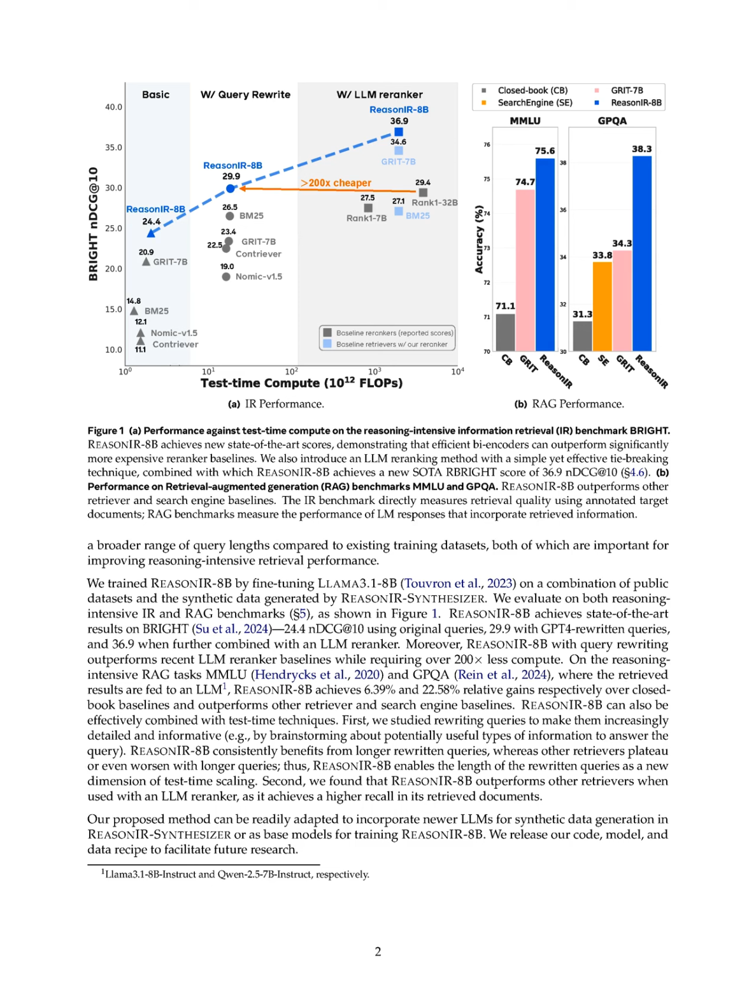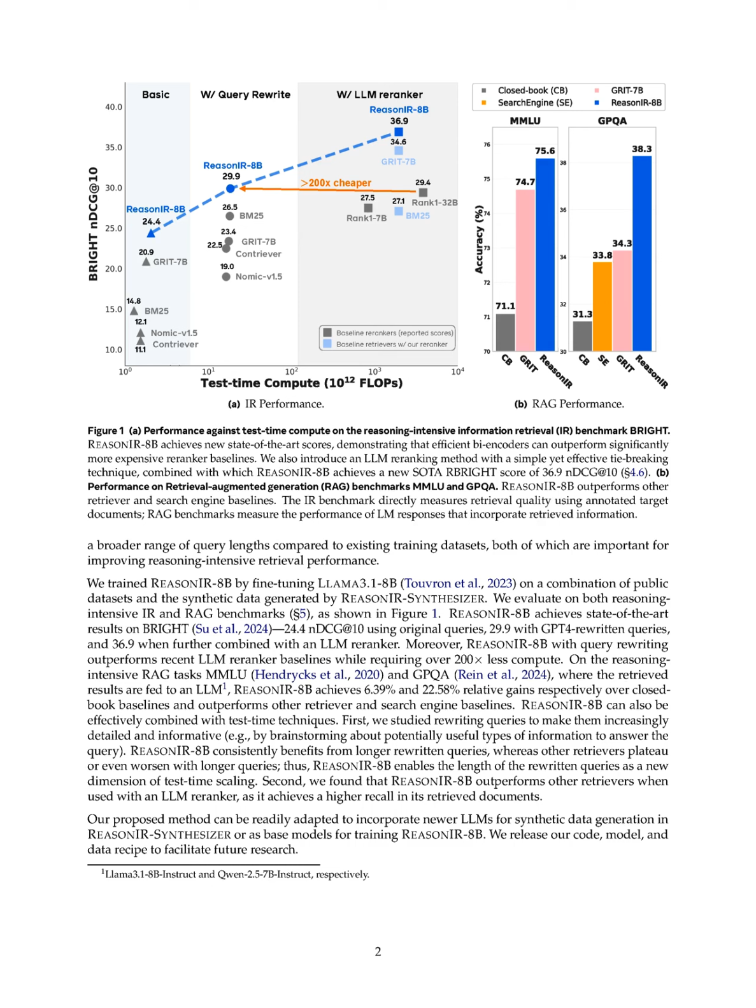The experimental design involved fine-tuning the ReasonIR-8B model on a combination of public datasets and synthetic data generated by the ReasonIR synthesizer, which included varied length queries and hard queries.